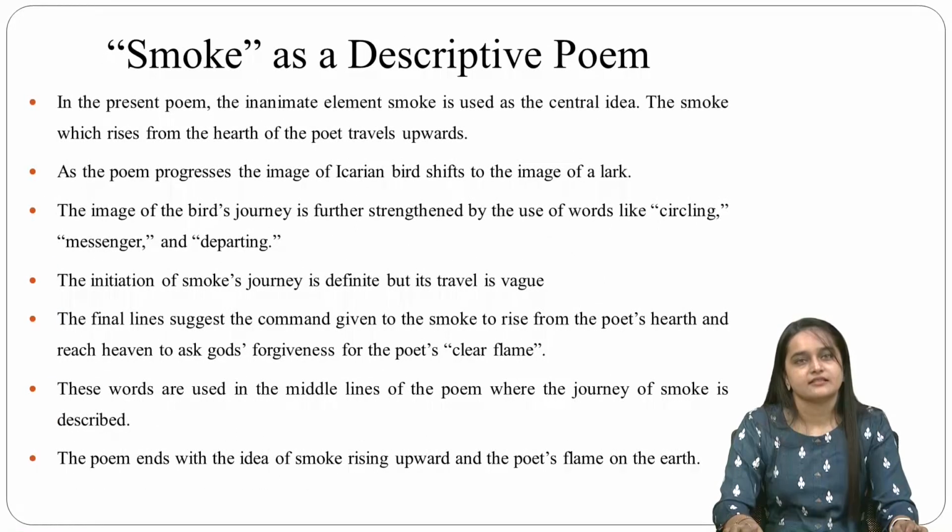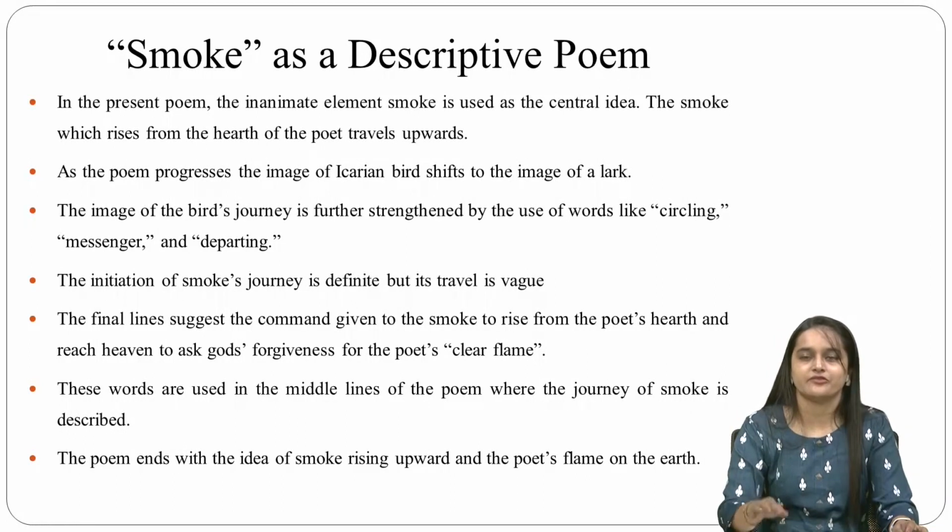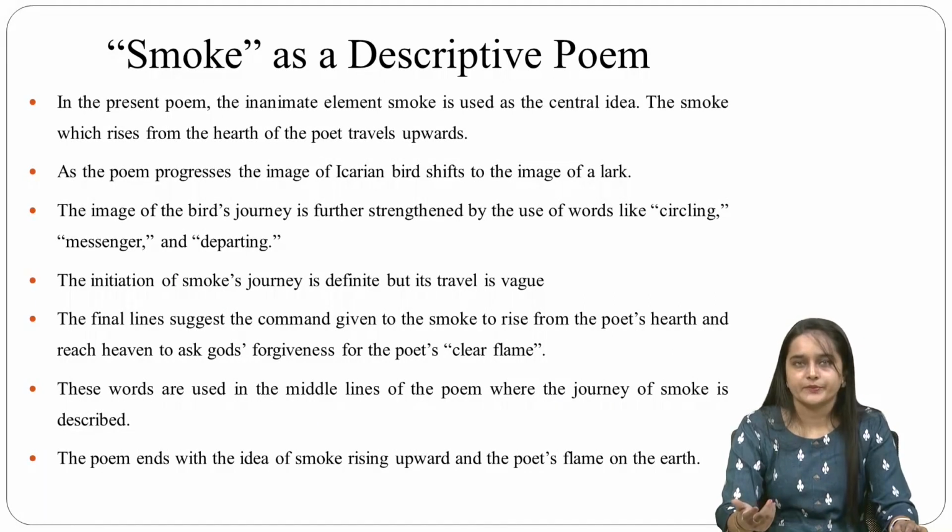Now let's discuss the poem Smoke as a descriptive poem. The form of this poem is descriptive poem. The type of this poem is descriptive poem. Now we all know what a descriptive poem is. Now let's discuss this type in reference to the poem Smoke.